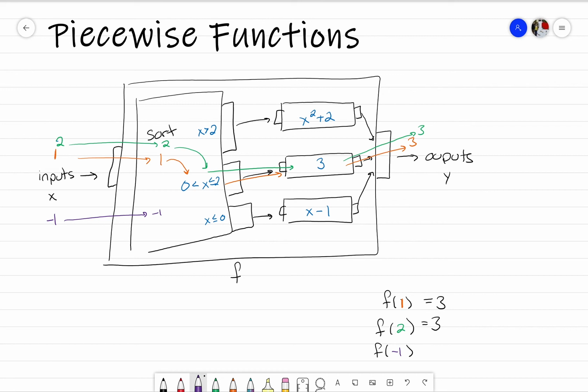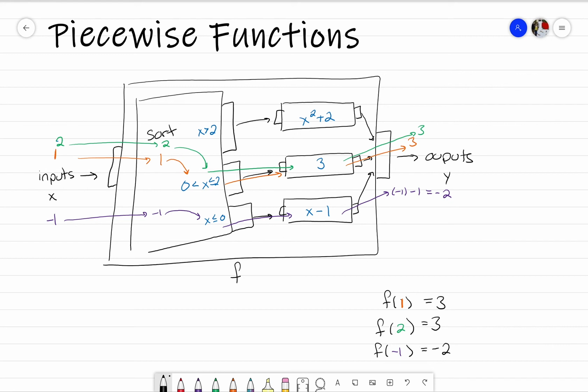Well, negative 1 is a negative number, so it's less than 0. So that's going to fall into our third bin, and so it goes into this third machine here. We take x minus 1 for that machine. Our x is negative 1. And so our output gives us negative 1 minus 1, which is negative 2. And so f of negative 1 is negative 2.